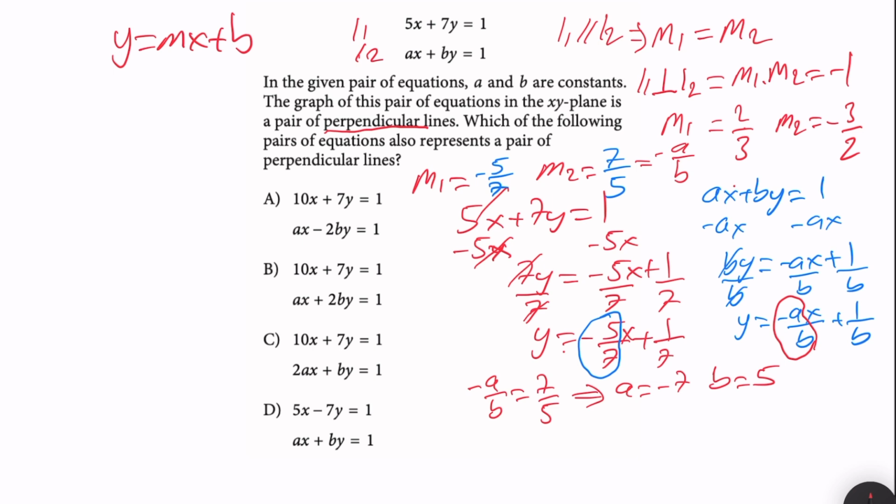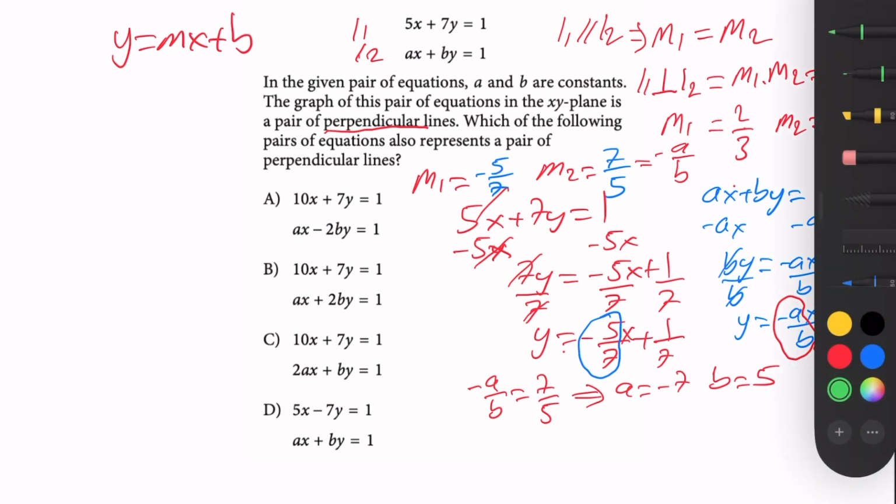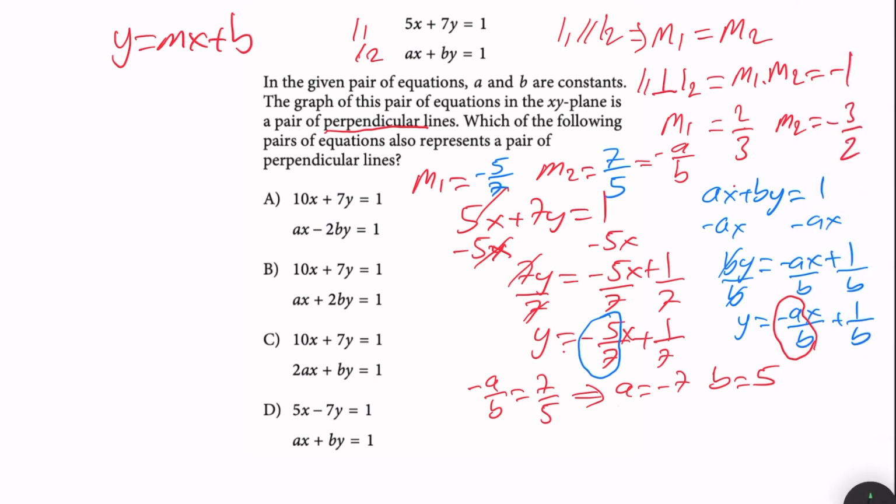This was the first part. Now we are supposed to check the given equations. Again, we know that a is -7 and b is 5. In the first choice, what's the slope of the first equation?